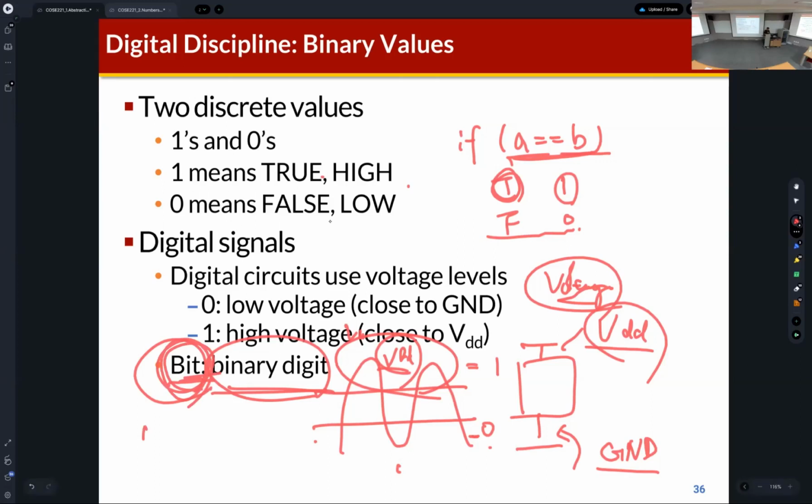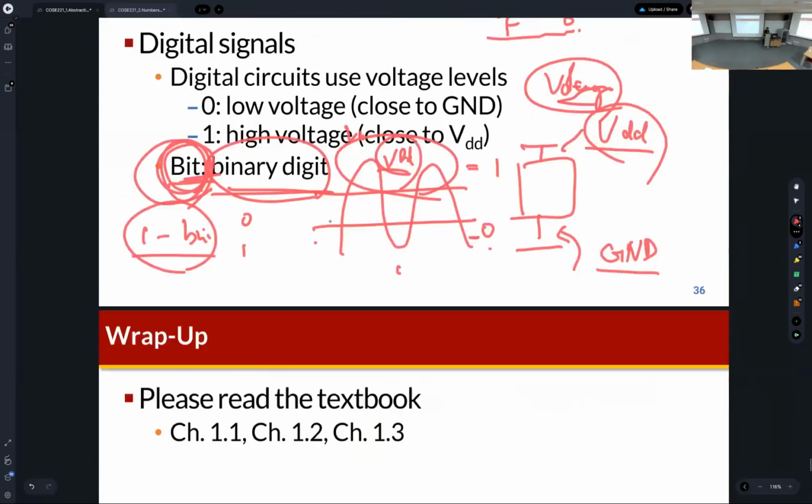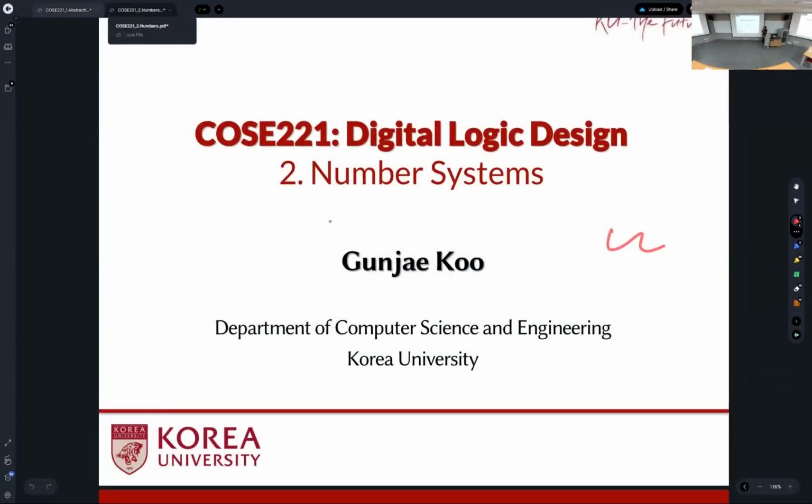One bit can include only 2 values, as I mentioned, 0 and 1. I think some of you already know this. It's very easy. Now we will learn about the number systems of digital systems.